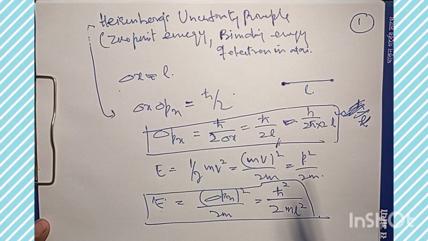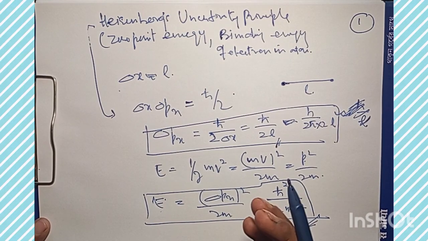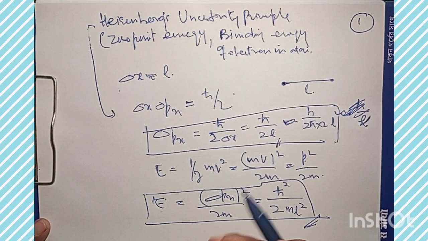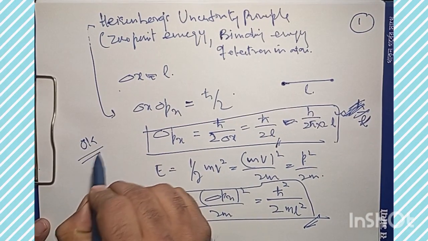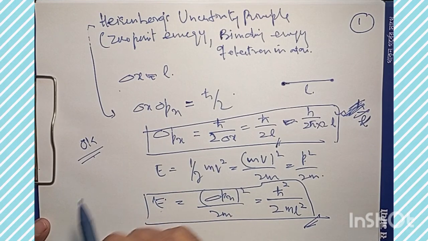It cannot have zero kinetic energy. It has kinetic energy. And talking about physical systems in their lowest energy state, I mean, when the temperature is close to 0 Kelvin, close to this absolute zero.